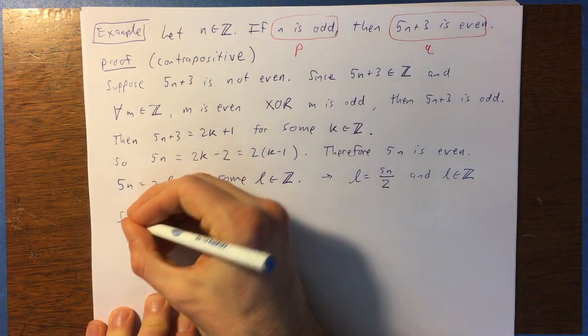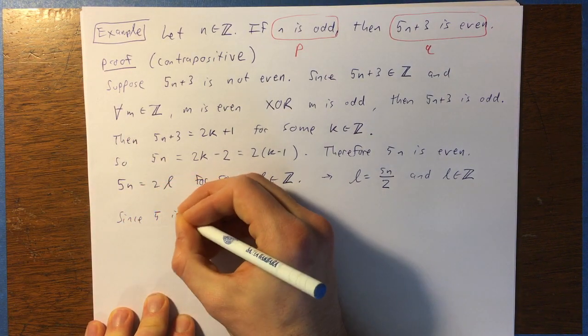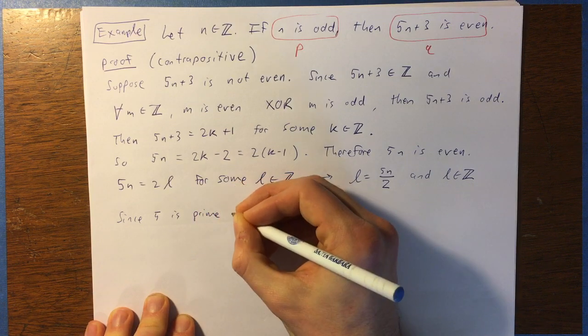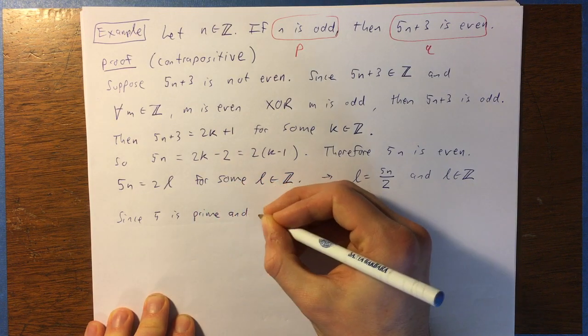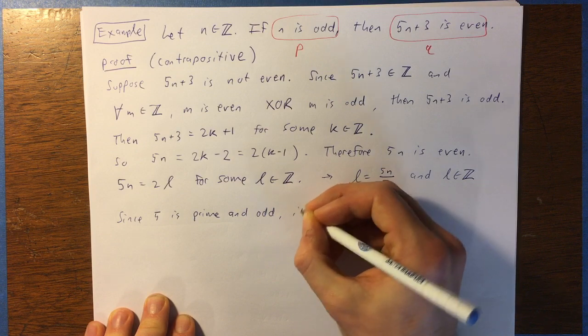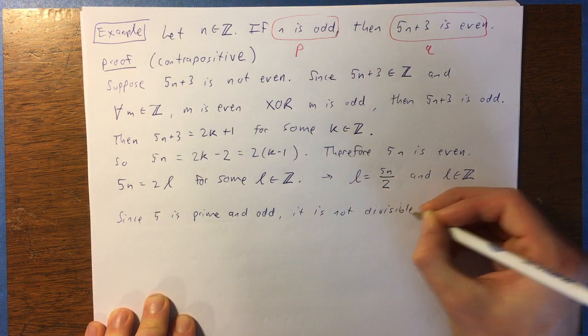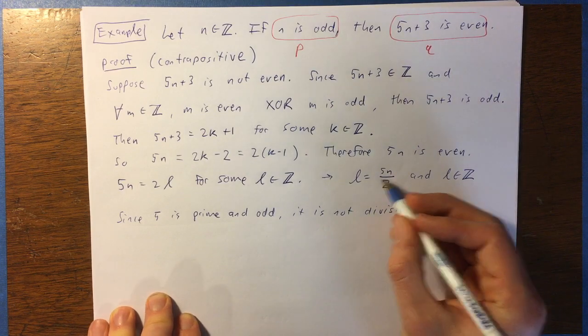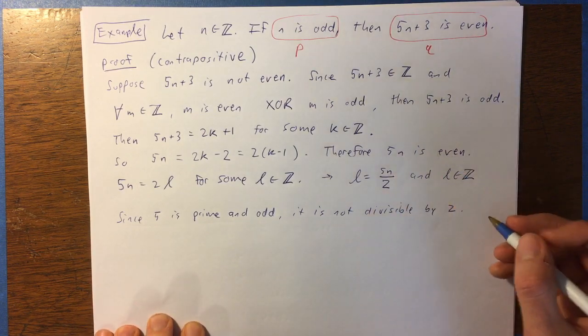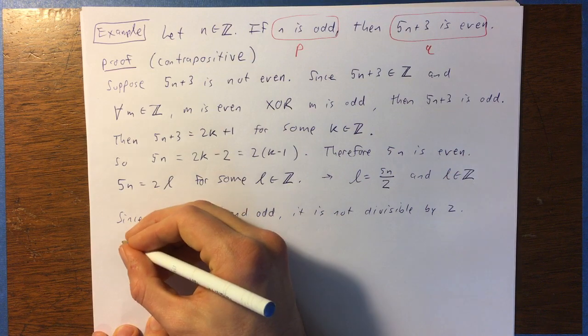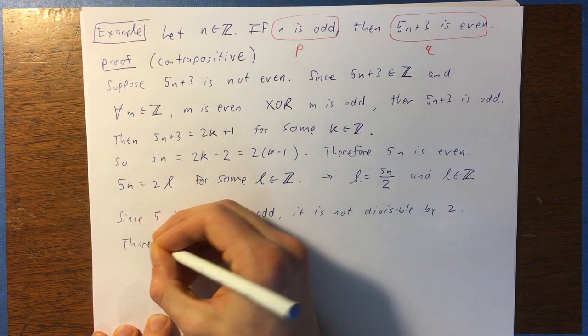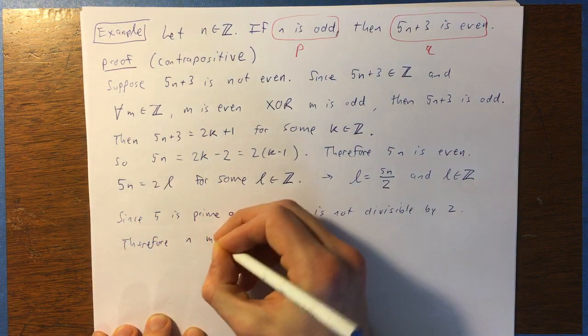So I'm going to write: since 5 is prime and also odd, it is not divisible by 2. But 5n is divisible by 2, so what we have to conclude is that, therefore, n must be divisible by 2.